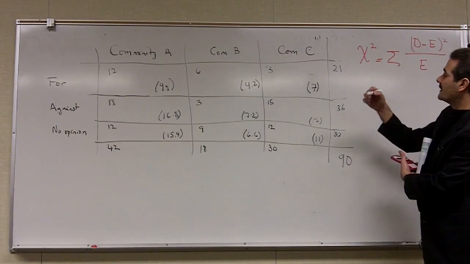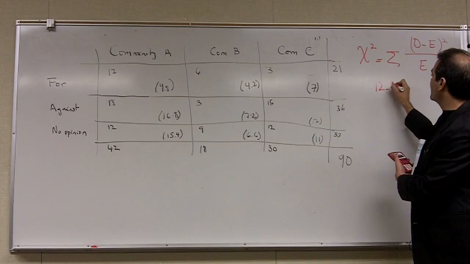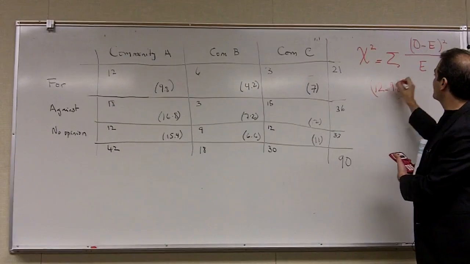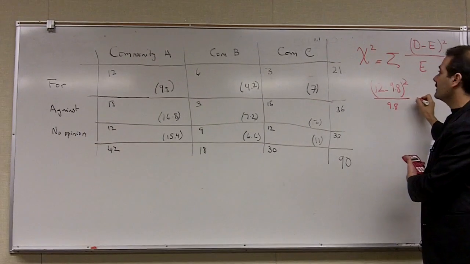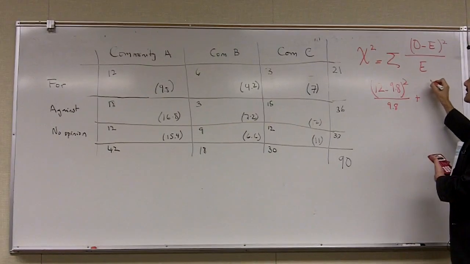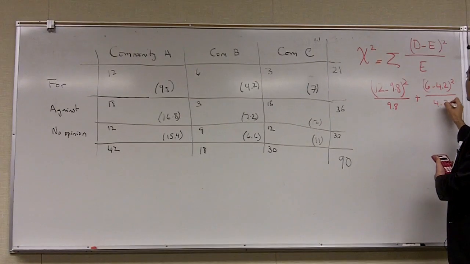So your first observed minus expected is 12 minus 9.8 squared over 9.8. And then you add to that 6 minus 4.2 squared over 4.2.